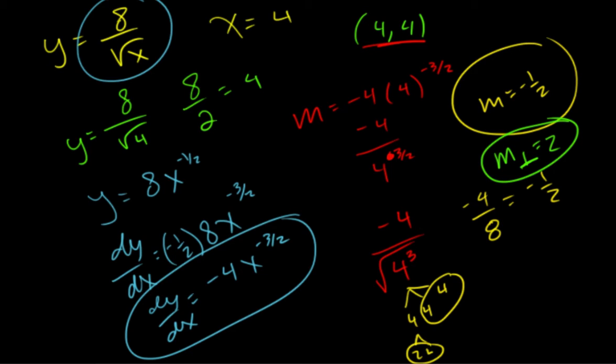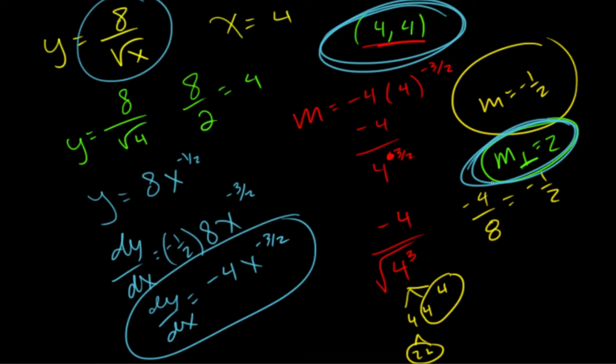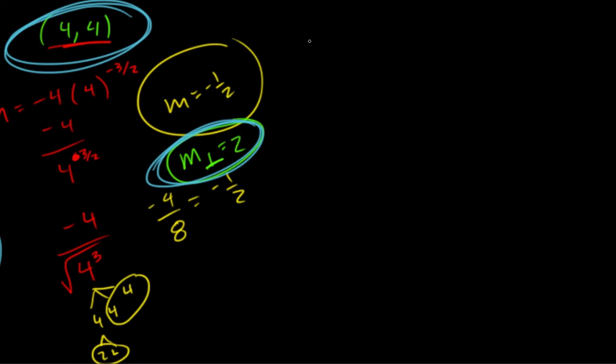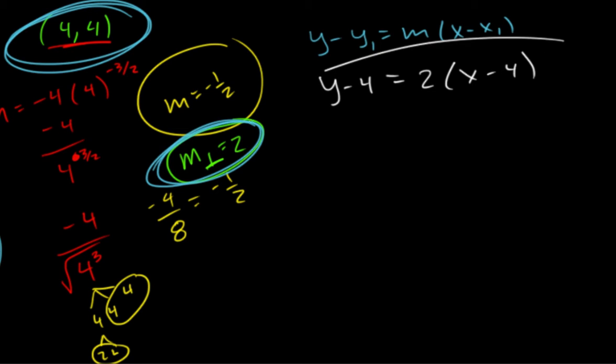Now, if we plug all this information into point slope form, which is y minus y1 equals m times x minus x1, plug in our y value, plug in our slope, and that's the equation of our normal line.